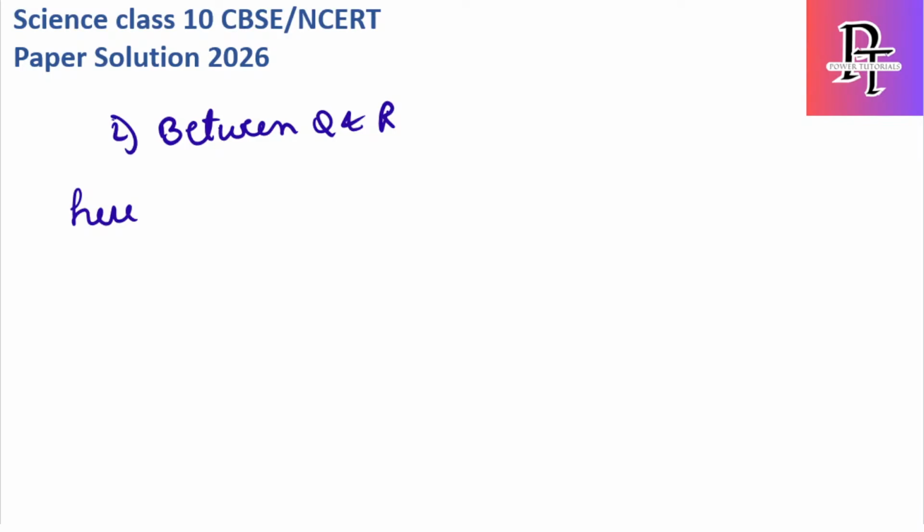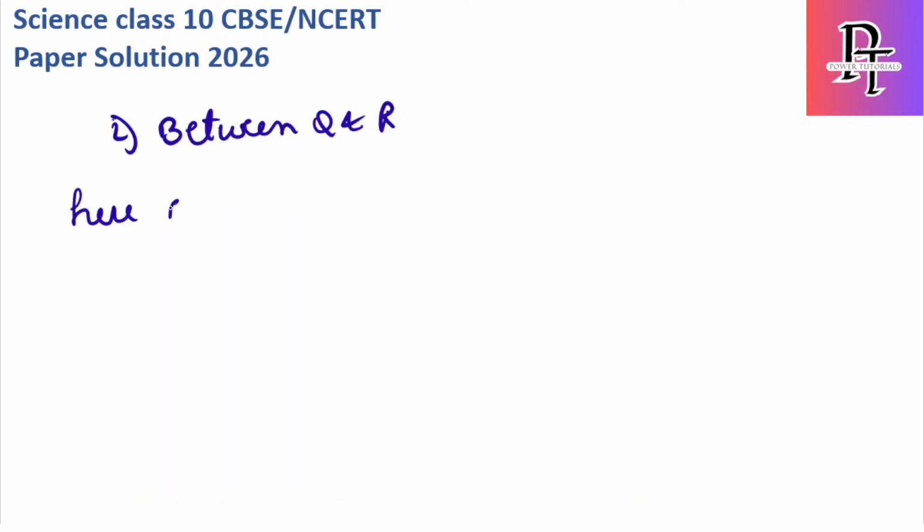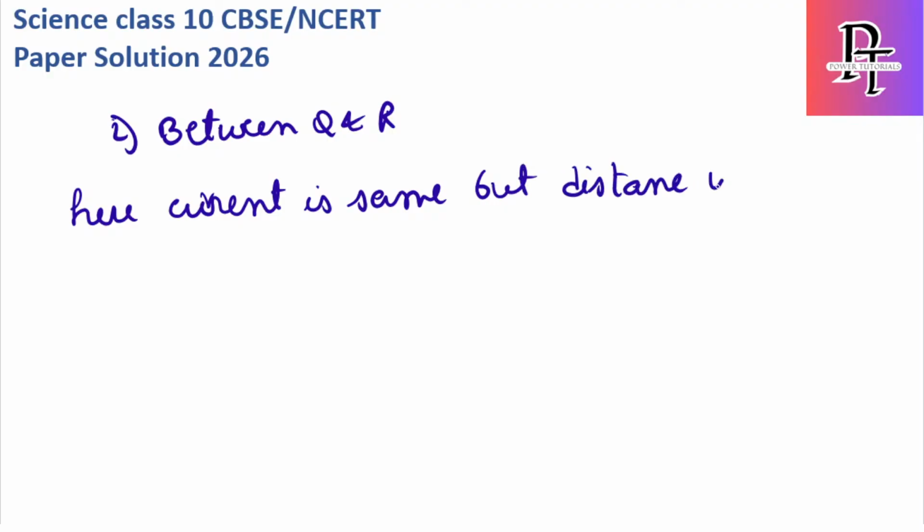If you see the diagram, for Q and R the current is the same but the distance is different.